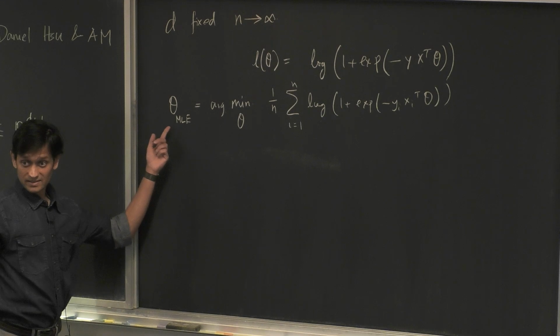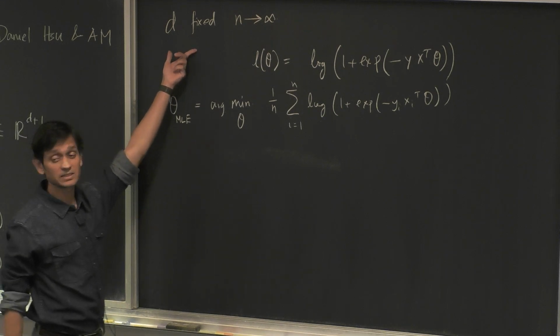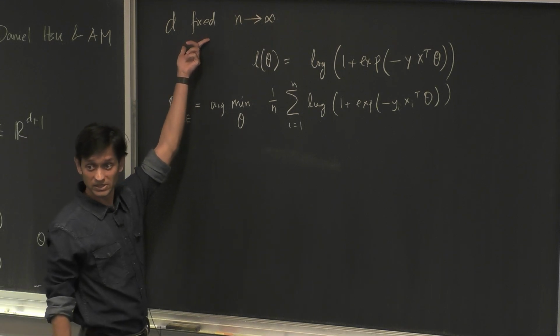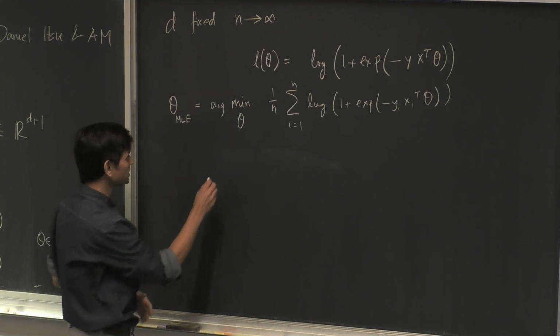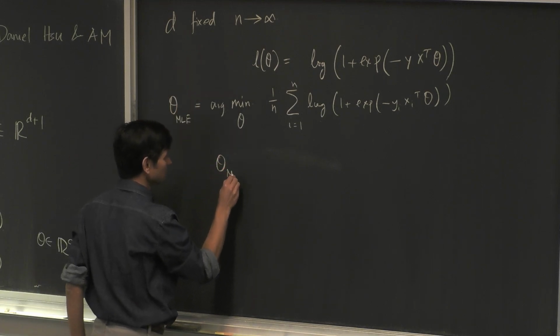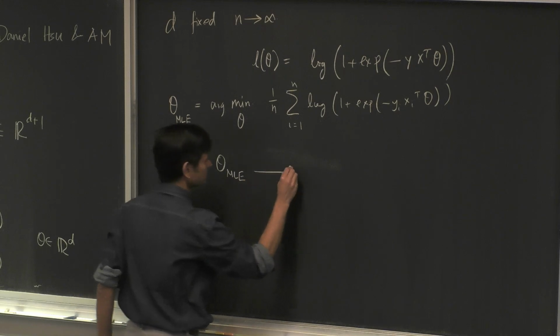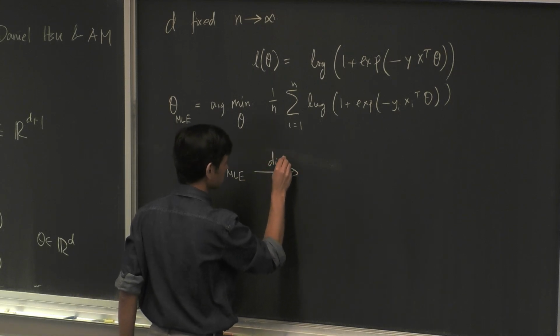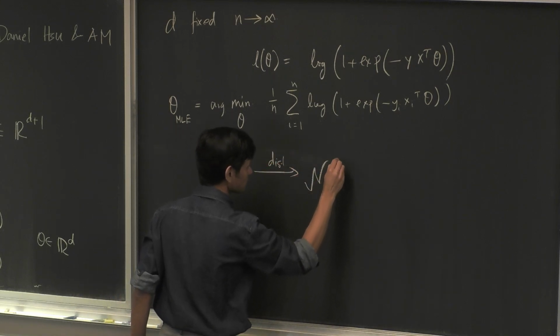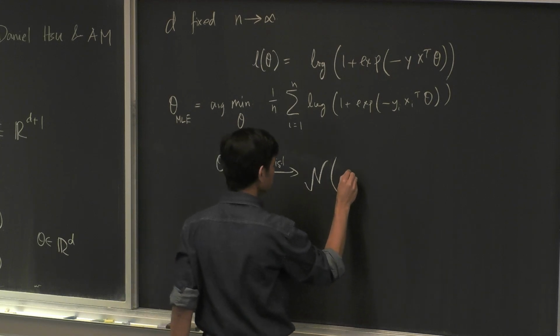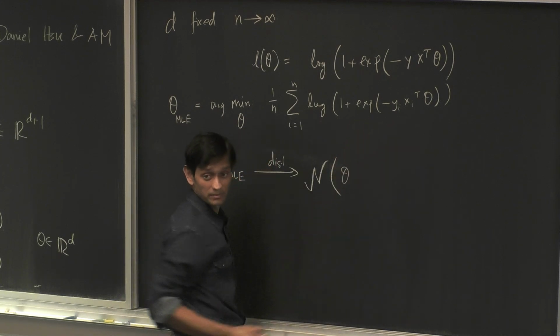What I just said is that this theta MLE, in this regime, is asymptotically normal. What does that mean? In distribution, it goes to some Gaussian with mean the actual parameter vector.